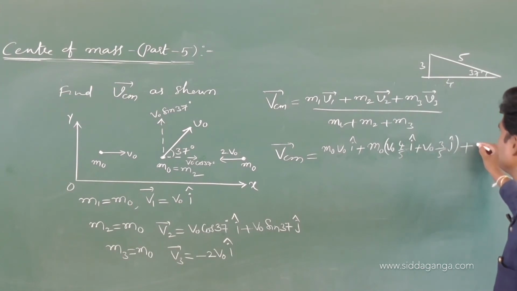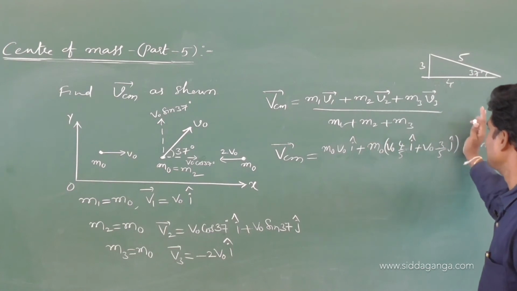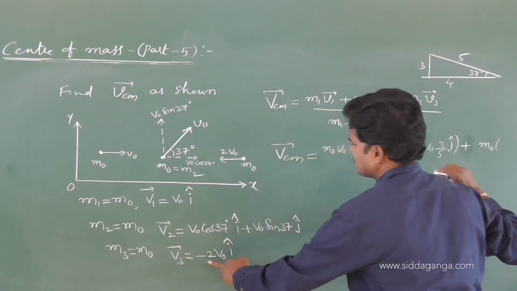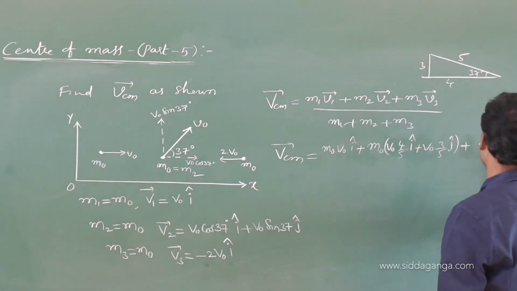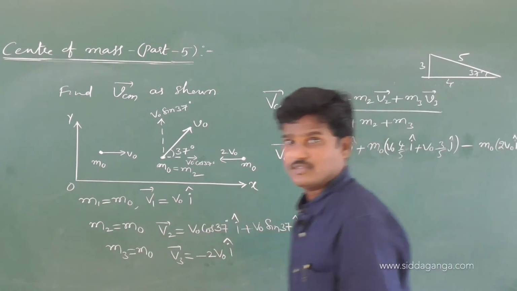What is M3? M3 is M naught, but it is moving left, so negative sign. So V3 is minus 2 V naught i cap. Let me write the minus here: 2 V naught i cap.